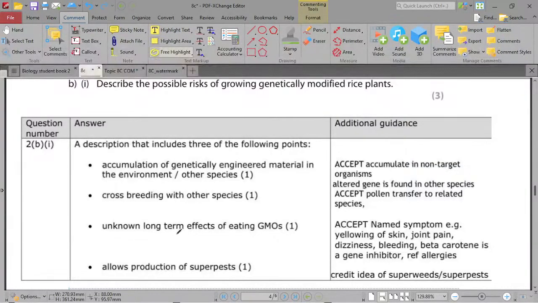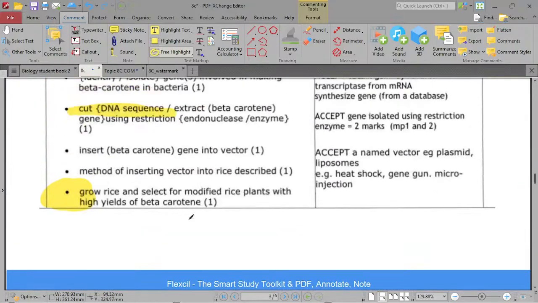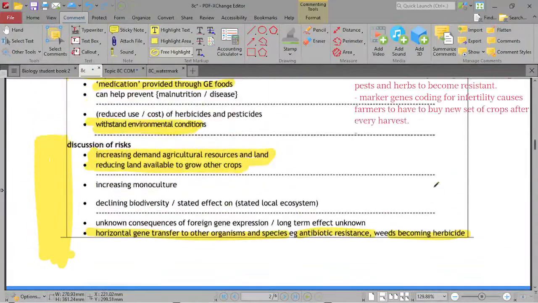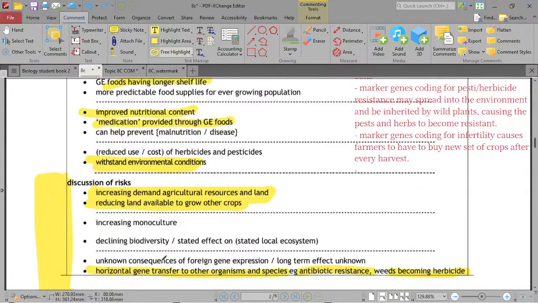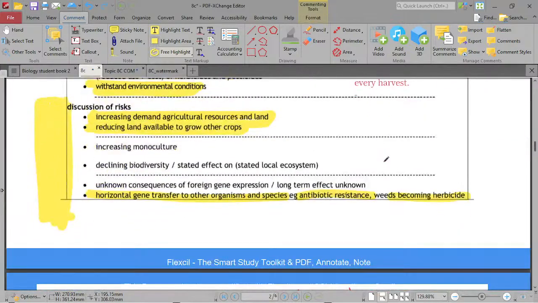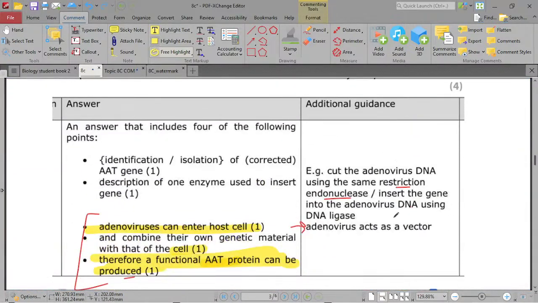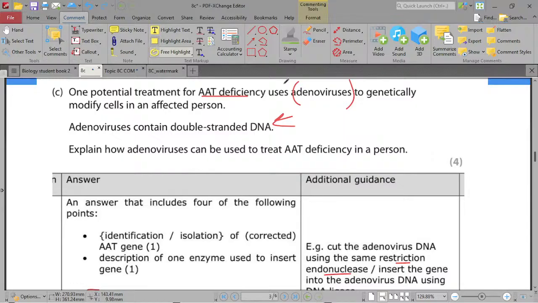The possible risks of growing genetically modified rice plants. Okay, so it's the same ones we wrote here, and you have to remember these as well. It was the ones in the 6 marker that talked about how demand will increase for genetically modified plants, but the amount of farmland used to grow plants is limited.